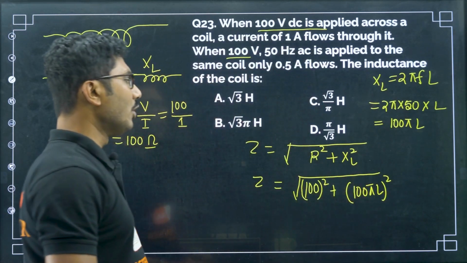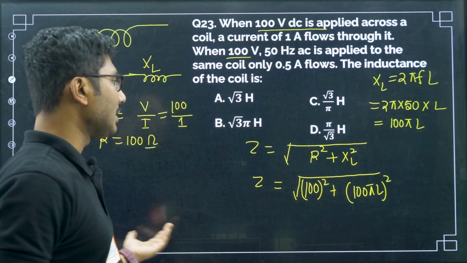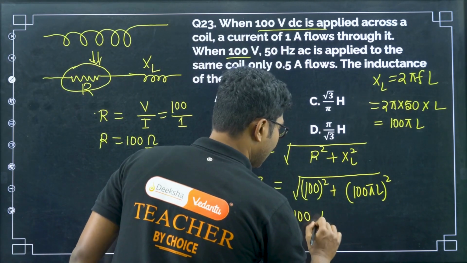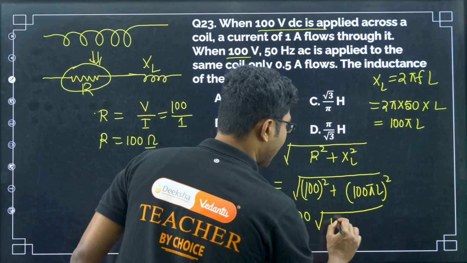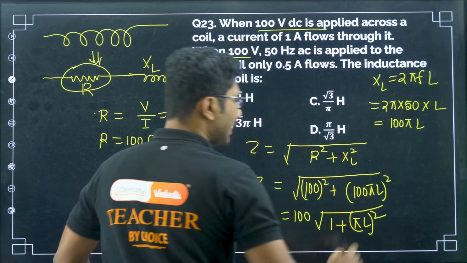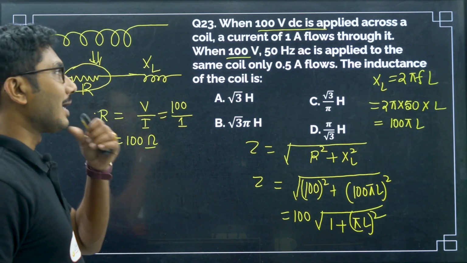So, what we will do is take this 100 square common from both terms, and that will come out of the square root. So, it will become 100 times the square root of 1 plus pi L whole square. This is the impedance. Now, we have to calculate the current through the circuit.